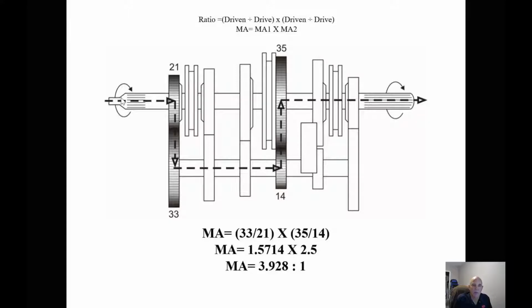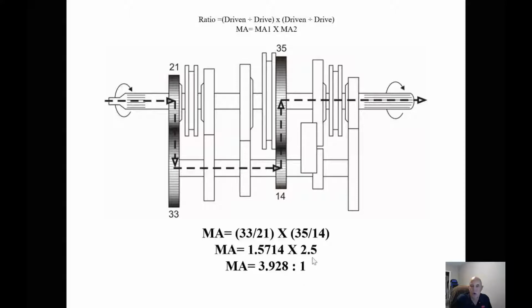So if we take a look at the first set of gears, our input's 21, our output's 33. So driven over drive would be 33 divided by 21. And then when we go to the second gear ratio, now our countershaft is our input and our output is on our main shaft. So it would be 33 over 14. When we do our math, we get a gear ratio of 3.928 to 1.